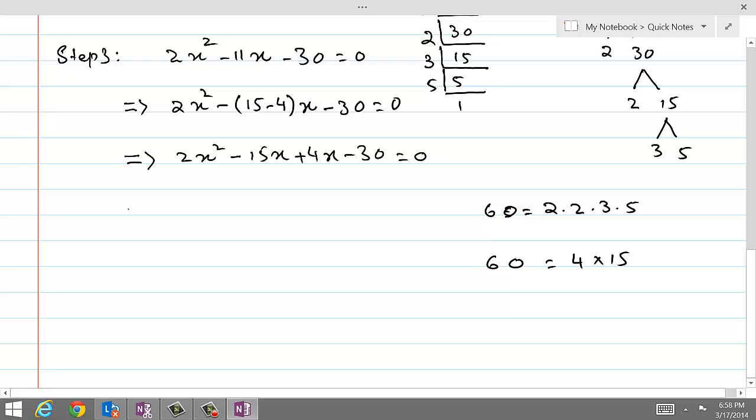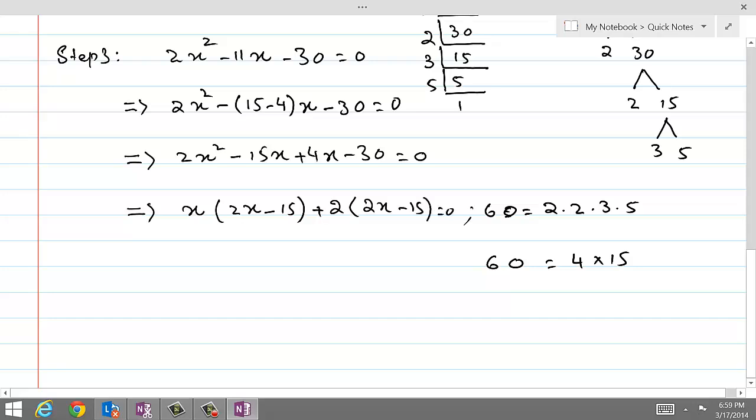Now regrouping is possible, and we can take common from the first 2 terms, which is x, inside is 2x minus 15, and then we take 2 common from the last 2 terms, giving us 2x minus 15 equal to 0.